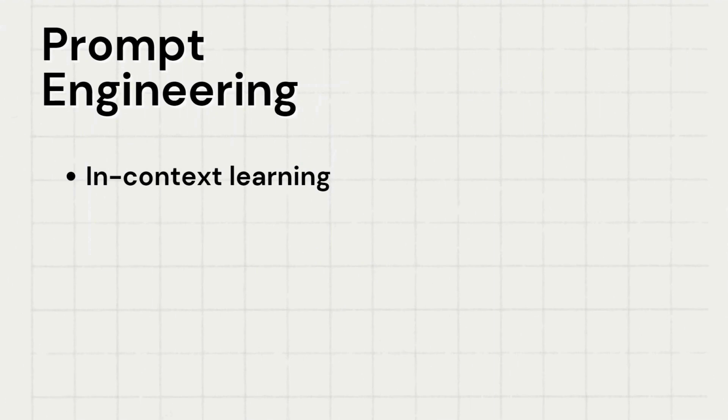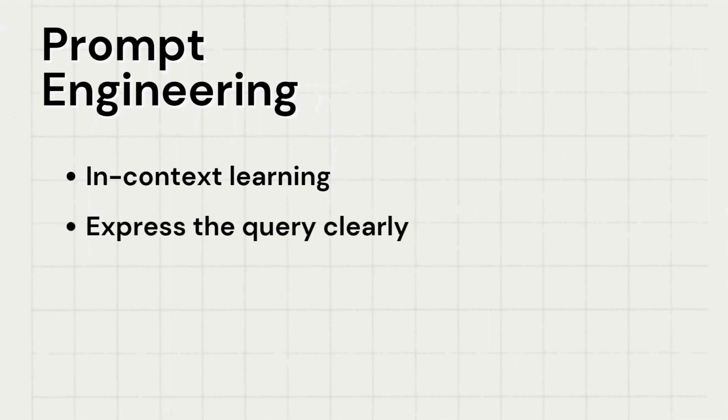Great. So at this point, we are familiar with the in-context learning technique from prompt engineering. However, there are also other techniques available which you can explore yourself. For instance, you may try to express the query as clearly as possible. By that I mean, you must provide the specific information that you want to know from the model and avoid using vague fillers.